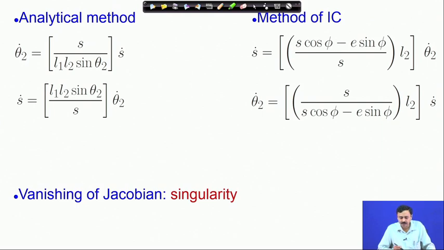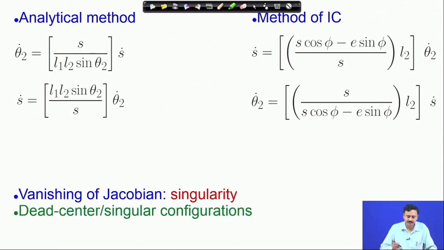Now, vanishing of this Jacobian gives us the singularities of the kinematic chain, and these singularities are nothing but the dead center configurations of the chain.